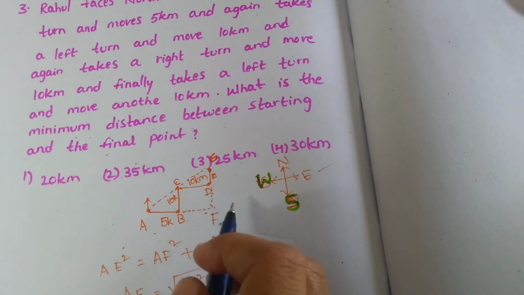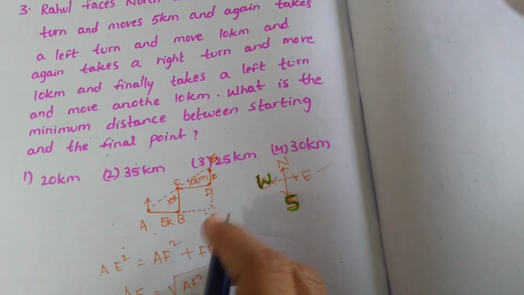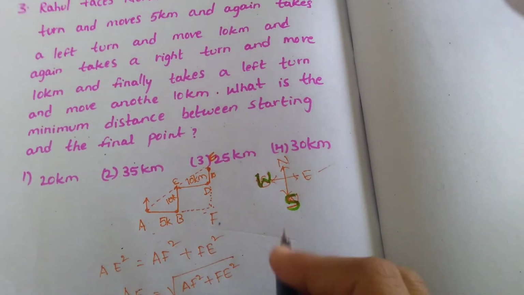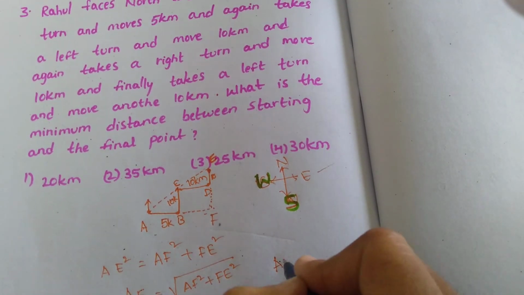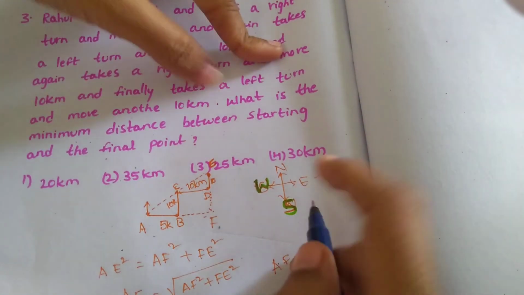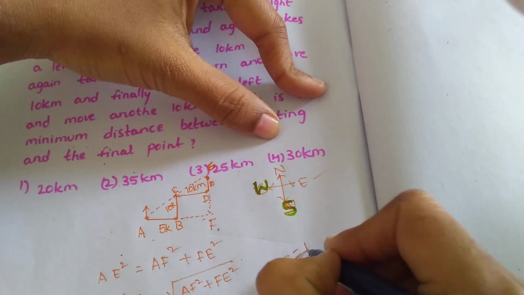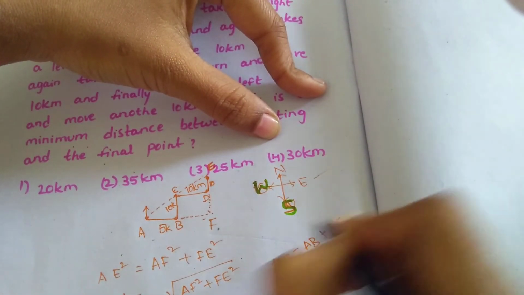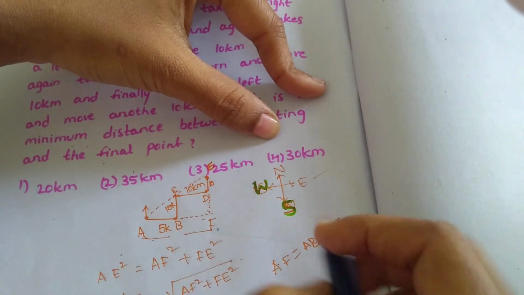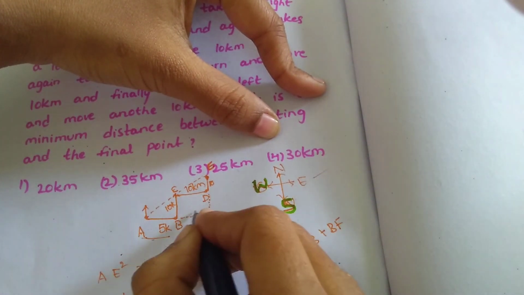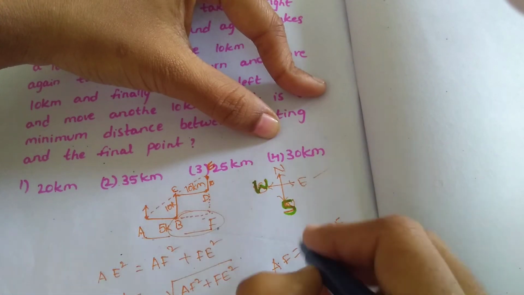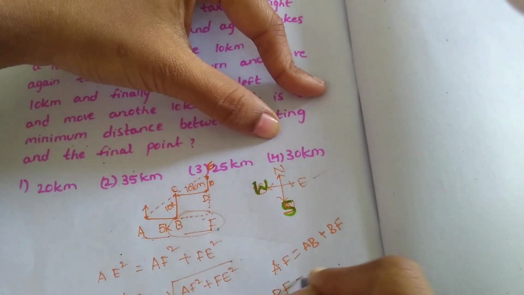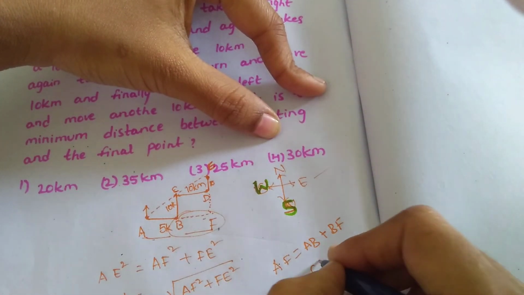What is the value of AF? AF equals AB plus BF. BF equals CD.